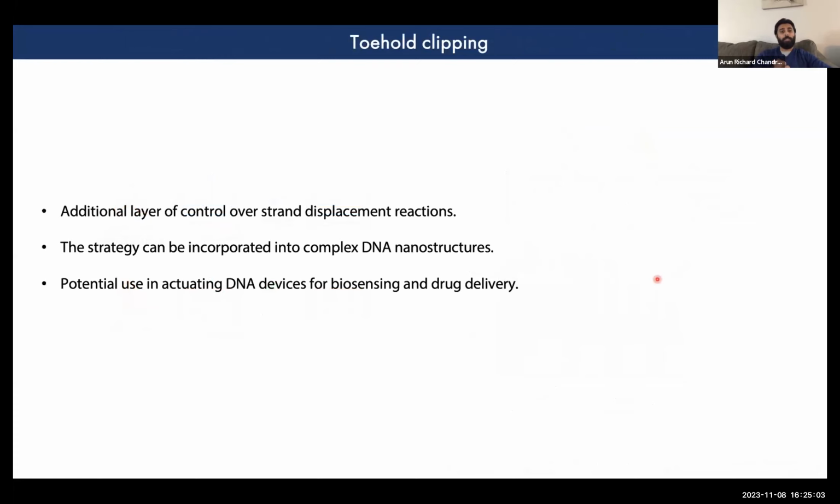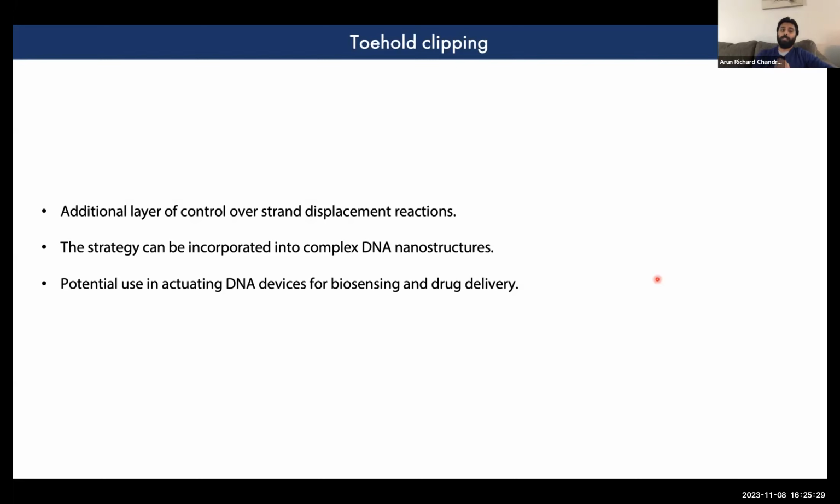To summarize, we've shown that we can introduce an additional layer of control over strand displacement reactions using both light and RNAs by incorporating toeholds that contain either a photocleavable linker or an RNA toehold. And this strategy is not just applicable for duplexes, but it can be incorporated into larger and more complex DNA nanostructures, even those that require hierarchical assembly.